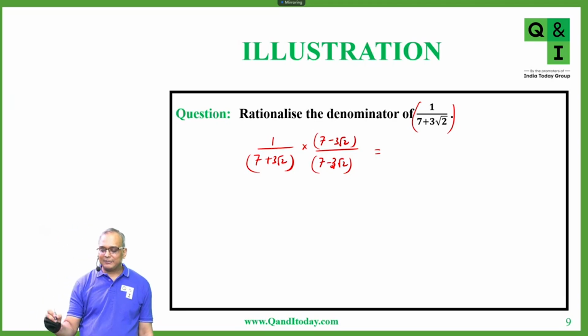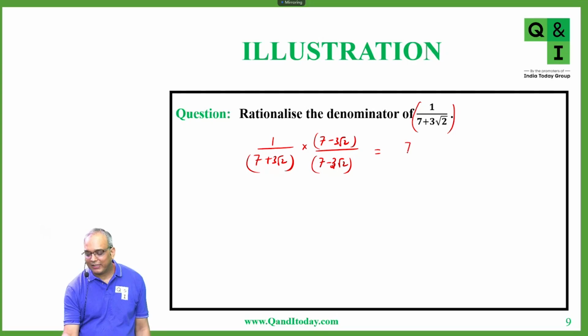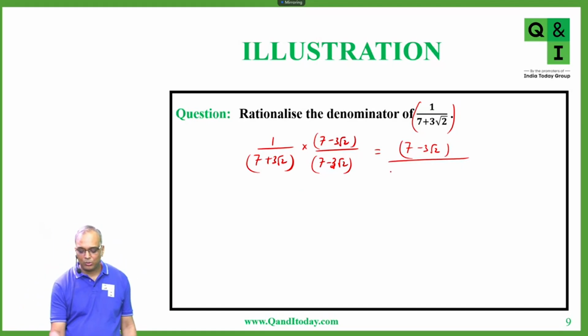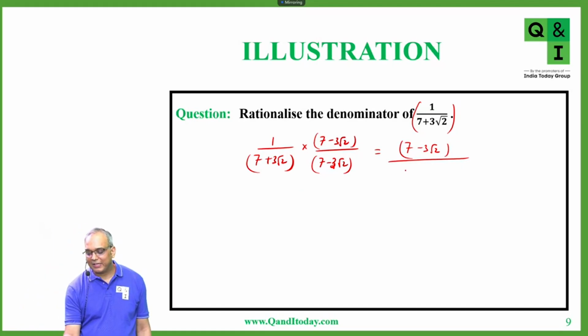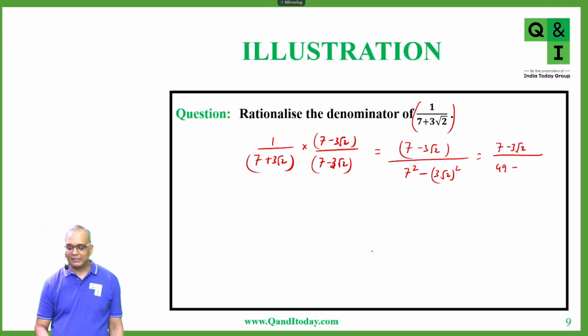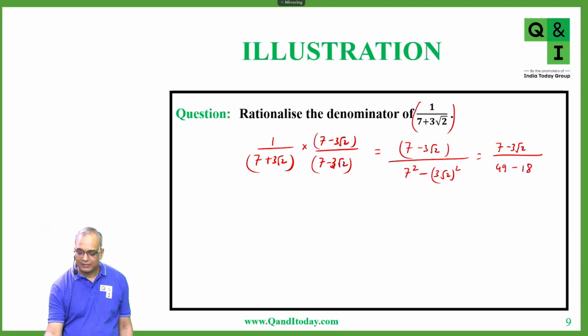Now let us multiply. So 1 into 7 minus 3 root 2 will be 7 minus 3 root 2 only. And in the denominator, we have 7 plus 3 root 2 into 7 minus 3 root 2. So this is a plus b, a minus b, a square minus b square. So 7 square minus 3 root 2 square. So this is 7 minus 3 root 2 by 49 minus 18.